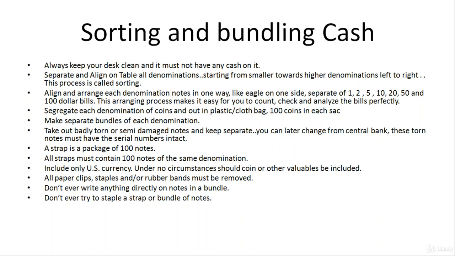Now, when you have the cash on the table, separate all the denominations, keep them separately. Dollar bills, each bill, keep them separate or segregate them, like $1 on one side, then the $2, then $5, $10, $20, $50, $100.